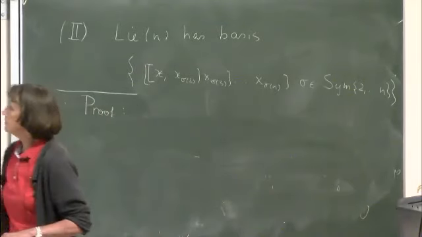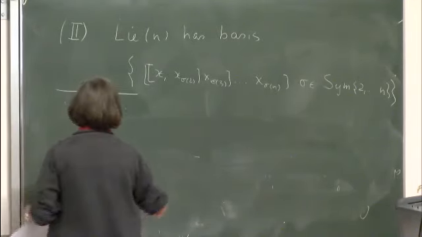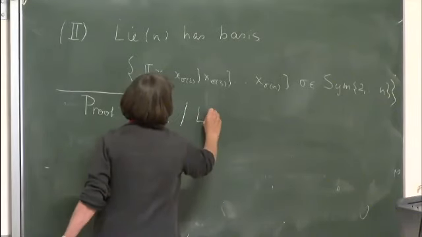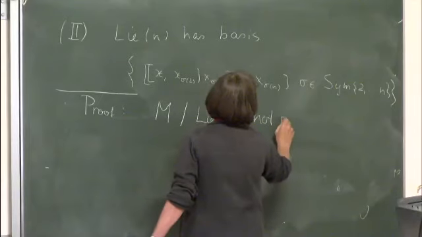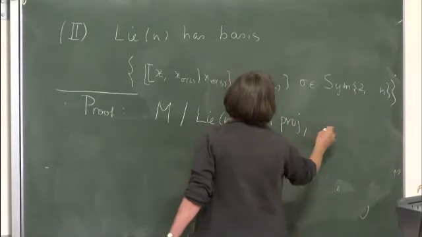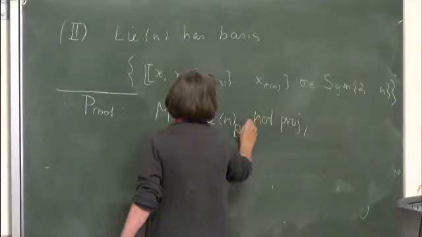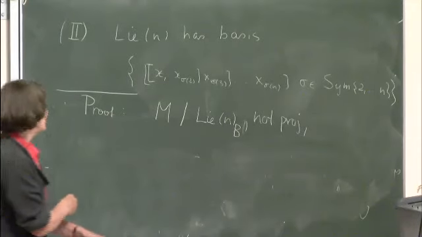So you take a module M, a summand of Lie n which is not projective, and it lies in a block B, so it lies in Lie n B, and you'd like to know something about the block. The block has a defect group, so Radha has explained defect groups as well.